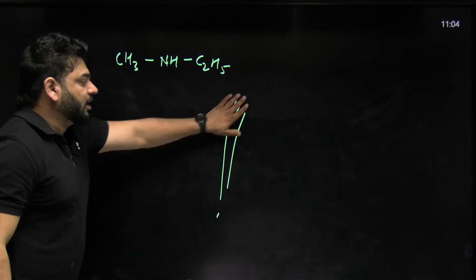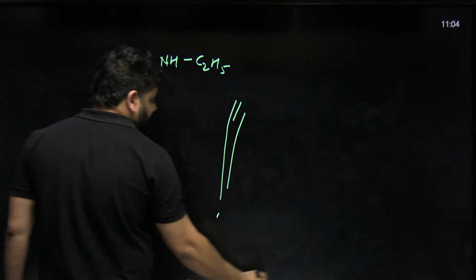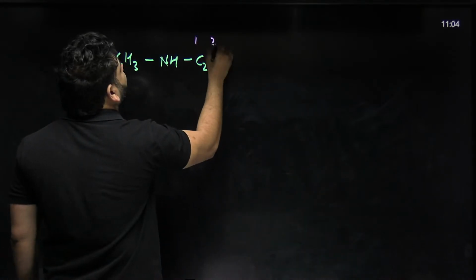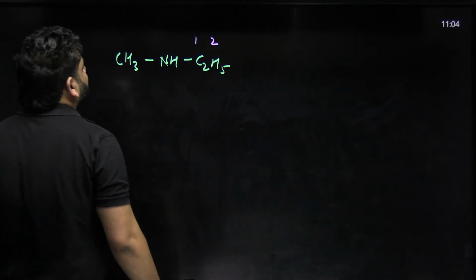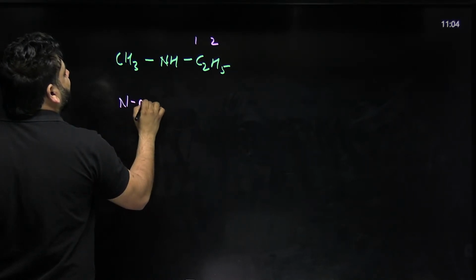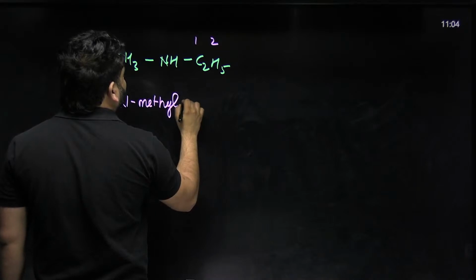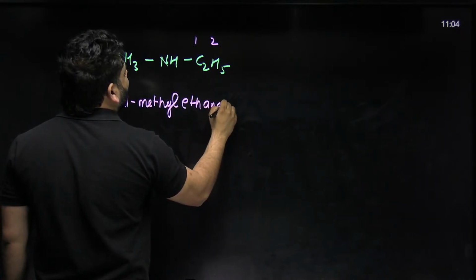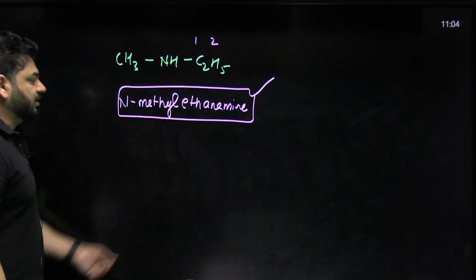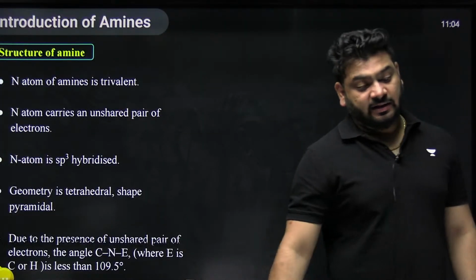If I want to name this compound, first of all, I'll pick the longest possible chain, which is no doubt this one, 1 and 2, and we have N connected with methyl here, so we'll simply write N-methyl, and then we have ethanamine. So this is how we write it, or ethane-1-amine also can be written. IUPAC naming is done like this.